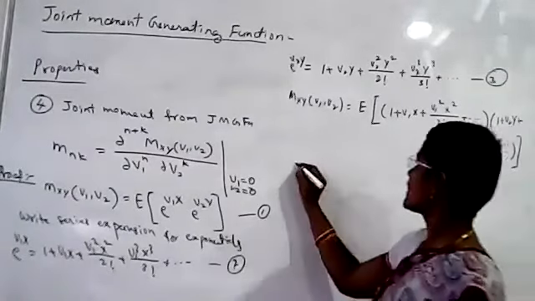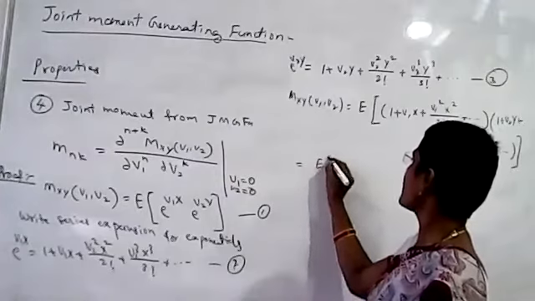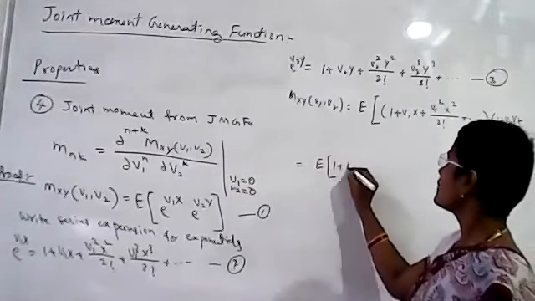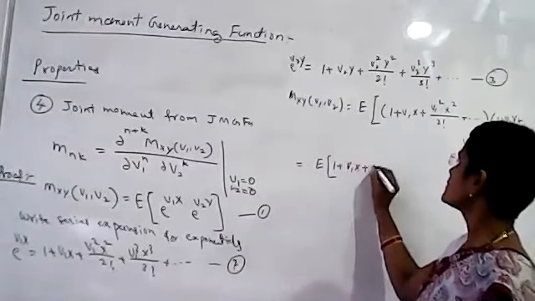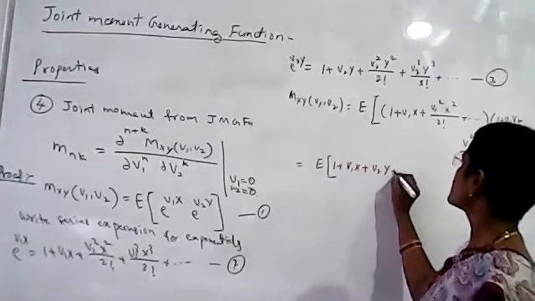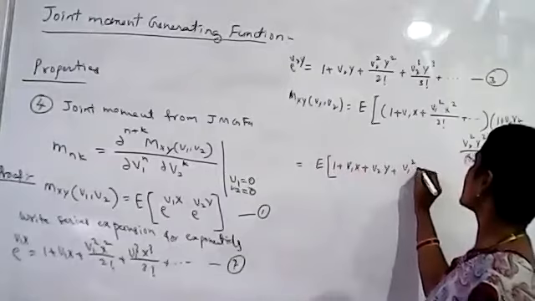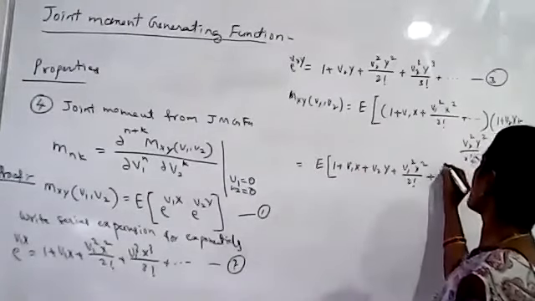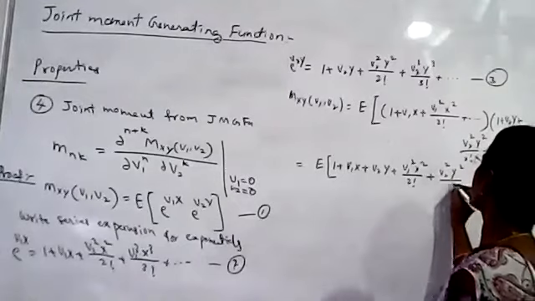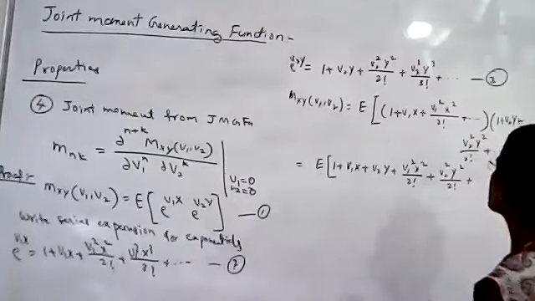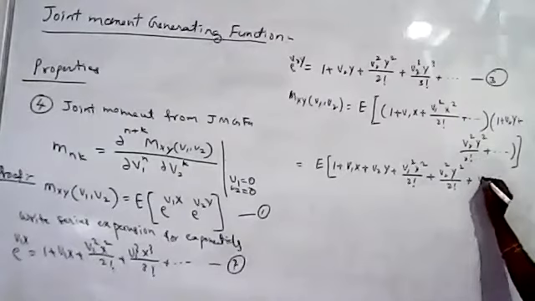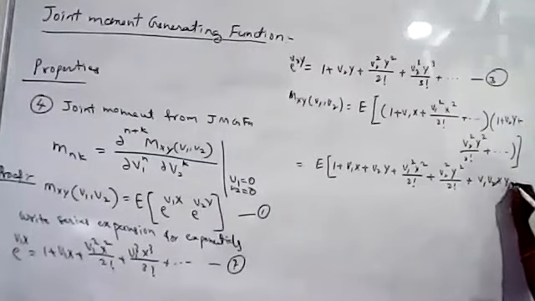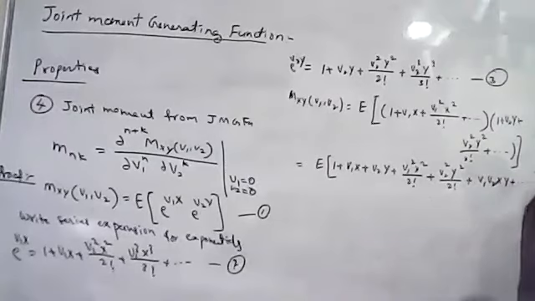Now we multiply these two terms. If we multiply, what we get: 1 plus v1x plus v2y plus v1 square x square by 2 factorial plus v2 square y square by 2 factorial plus v1 v2 xy plus so on.